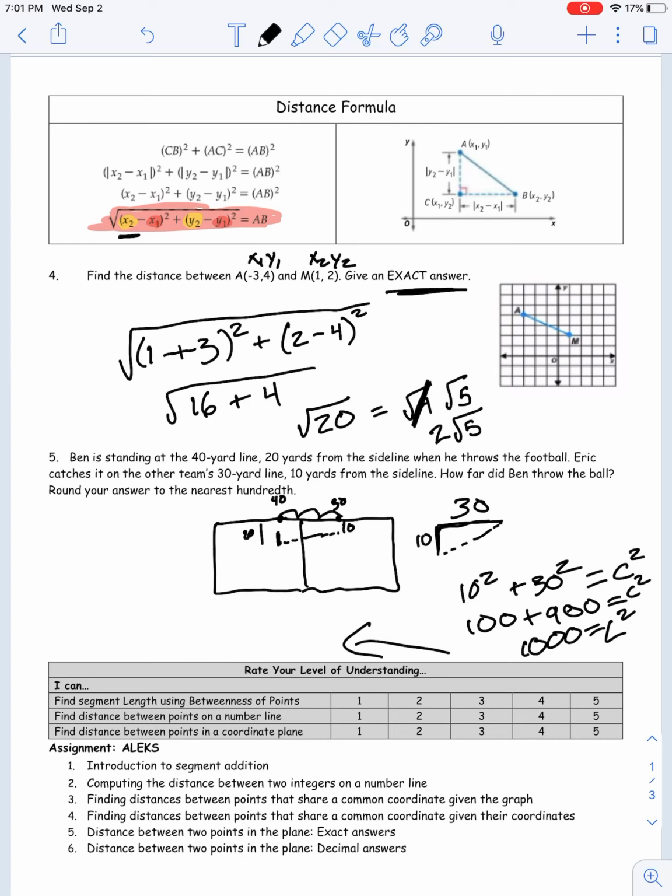I'm going to bring my work over here to just finish this up quick. I know that 100's a perfect square. So really what I'm at here, I would have to square root both sides. I need the square root of 1,000, which I know is the square root of 100 times the square root of 10. Square root of 100, that is a perfect square.